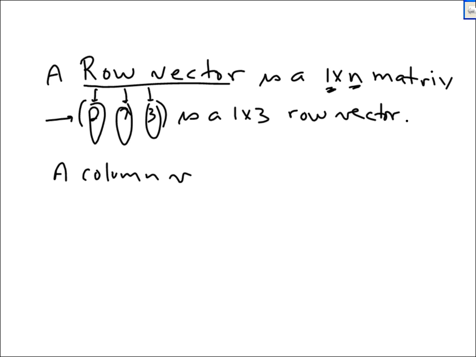A column vector, I suspect you'll know what that is. It's a matrix with one column. This is an n by 1 matrix.